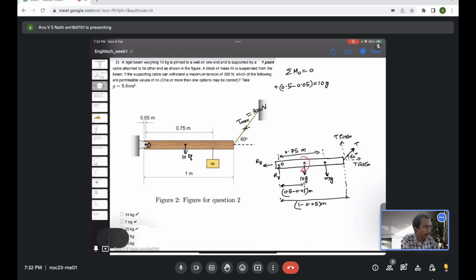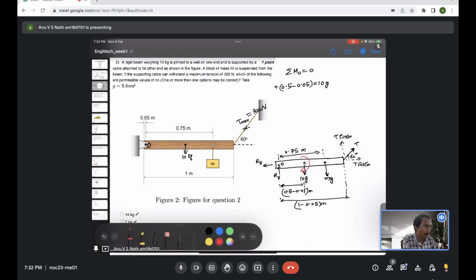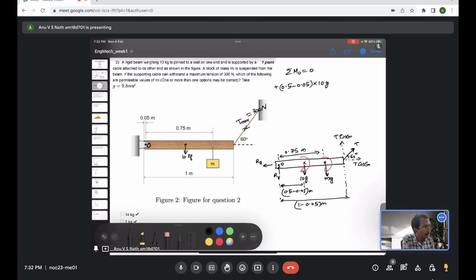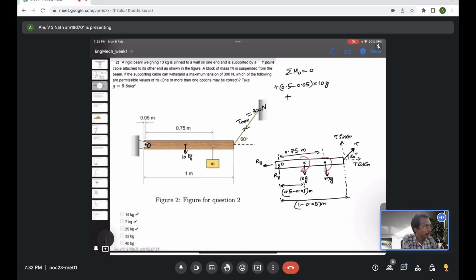Then another force mg is acting at a distance of 0.75 meter, also causing a clockwise moment, so I take it as mg times 0.75 meter.